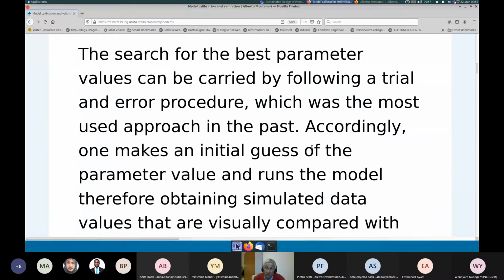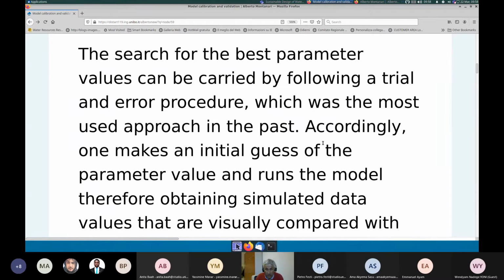But you may want to get a more quantitative criterion. Visual is qualitative, it's not quantitative. You may want a number that quantifies the goodness of the fit. Because a number may help you in assessing whether an alternative is better than another one.